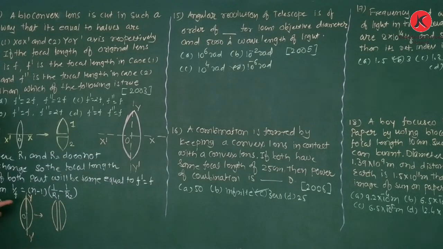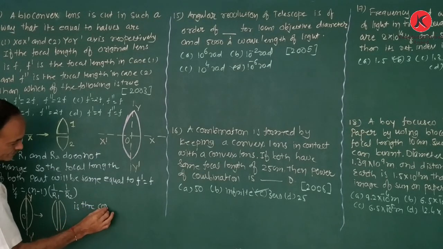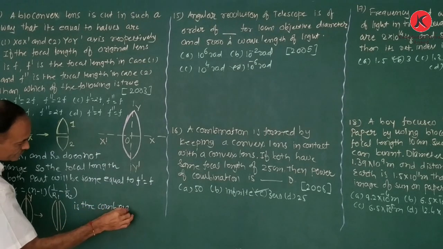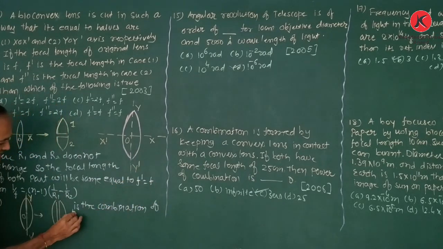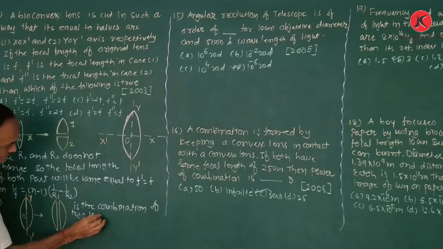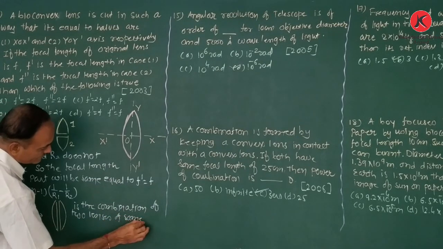So there is a combination of two lenses of the same focal length.